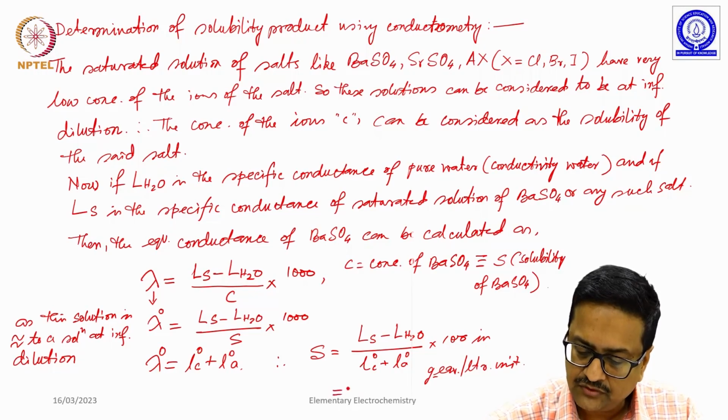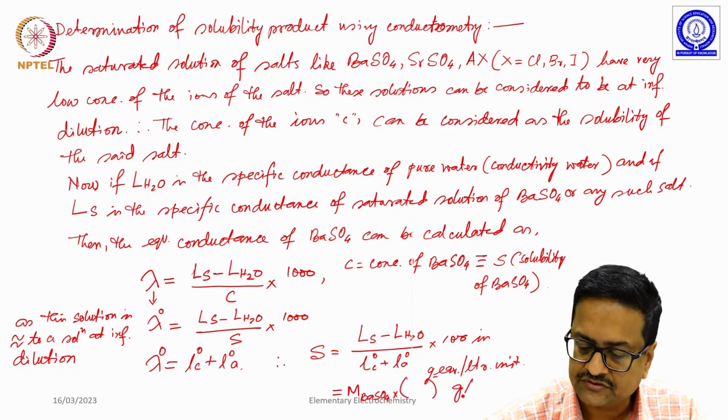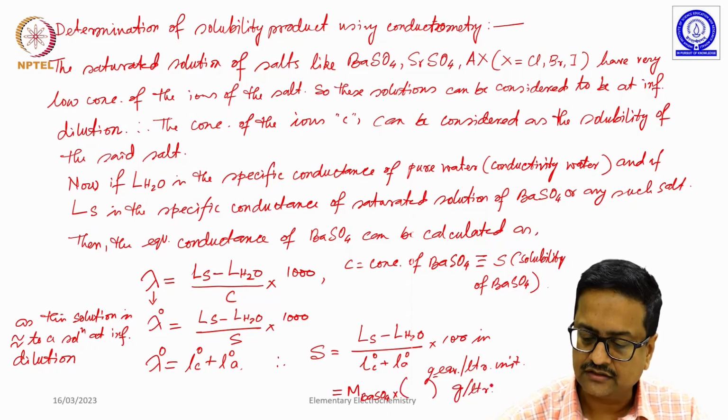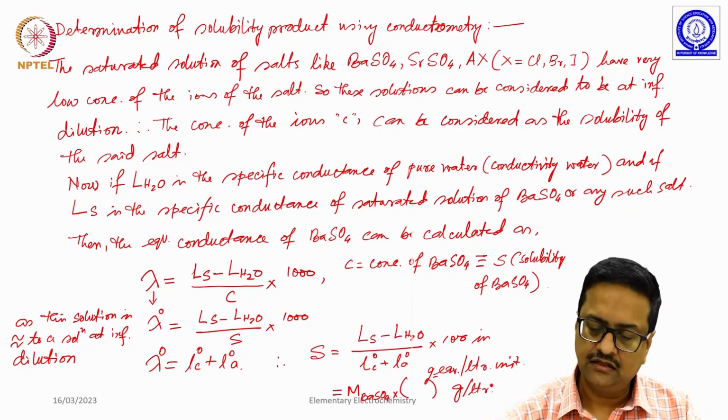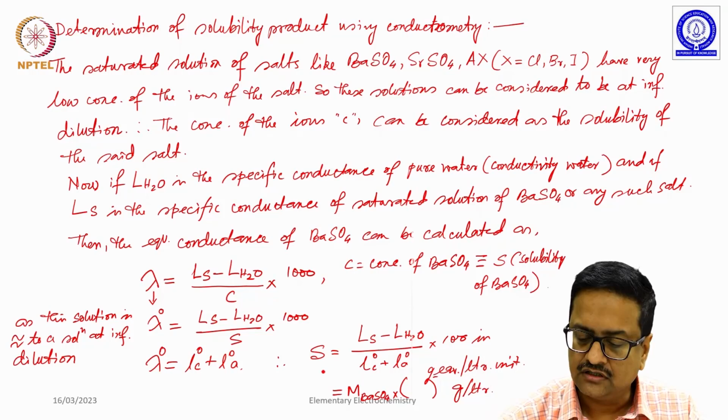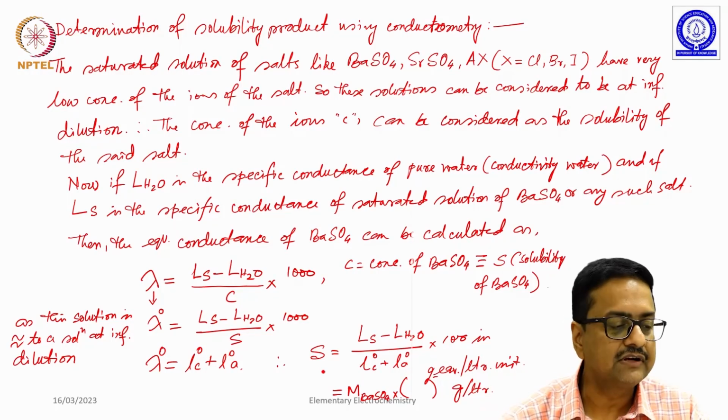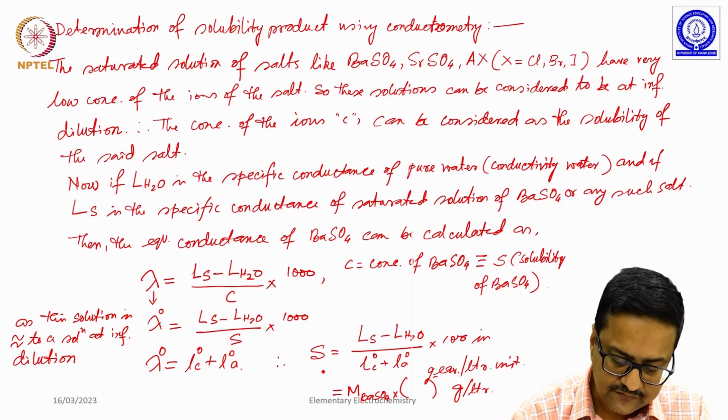To this, if you multiply by molecular weight of BaSO4 into this quantity, then it becomes solubility in terms of grams per liter unit.